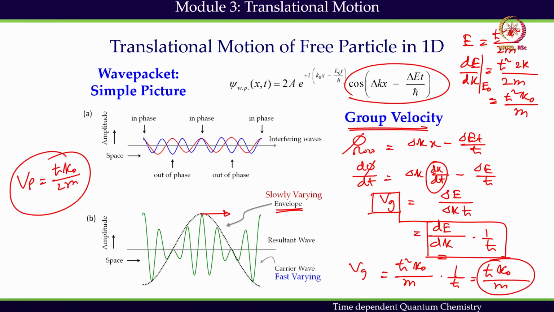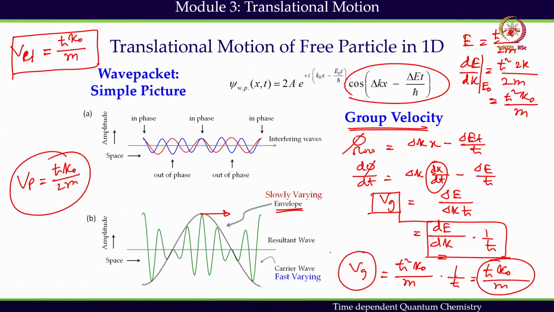If I now compare with the previous classical velocity, which was calculated to be h cut k naught by m, what we see is that the classical velocity is actually represented by the group velocity.